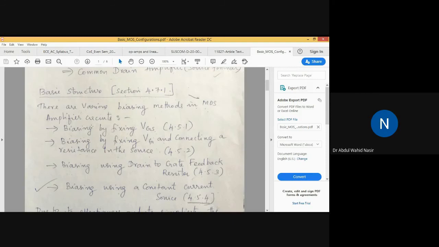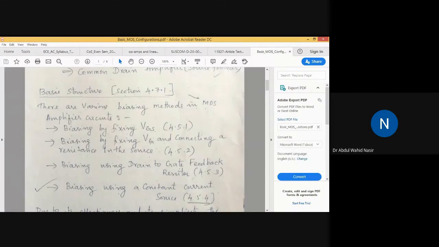This topic we have already dealt with in module 1. Then the next is biasing by fixing VG and connecting a resistance in the source. That also we have seen in the first module. Then biasing using a drain to gate feedback resistor. That also we have seen in the first module itself.